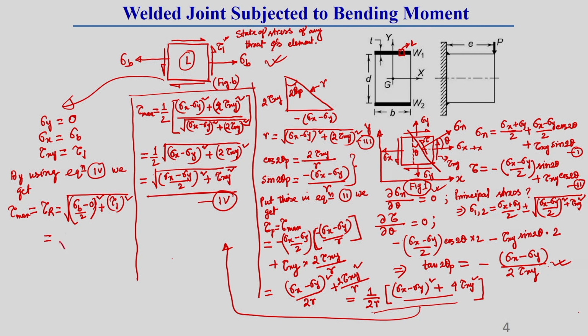So, here we get sigma b by 2 whole square plus tau 1 square.